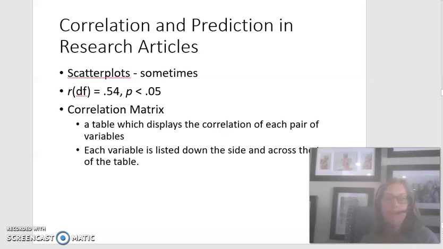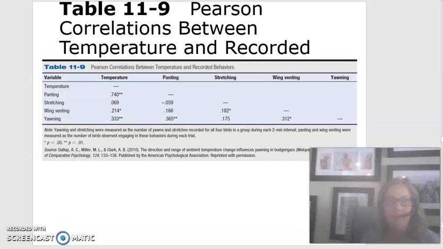Sometimes when I'm collecting data, I'm going to have multiple measures I'm interested in seeing relationships between, and we call that a correlation matrix. That's when you see a bunch of different relationships. Here's an example, taken from your book.